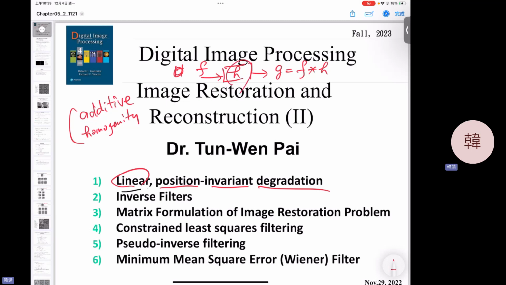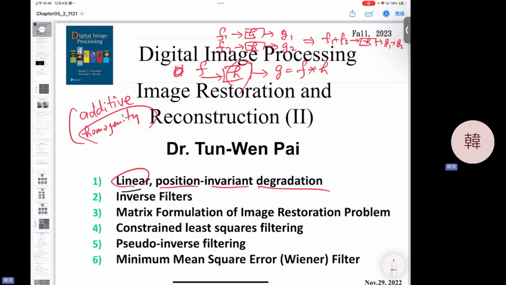If you have F1 into this system, you get G1, and you have an F2 image into this system, you get a G2 corresponding output. So additivity means if you have F1 plus F2 together inside this degradation model, you get G1 plus G2. It's an additivity property.